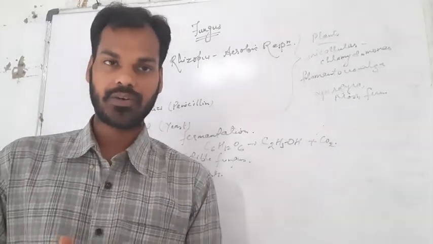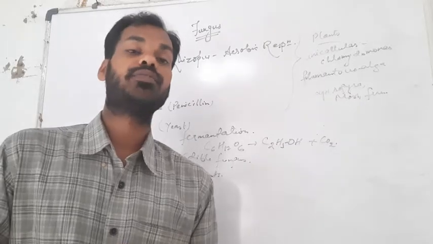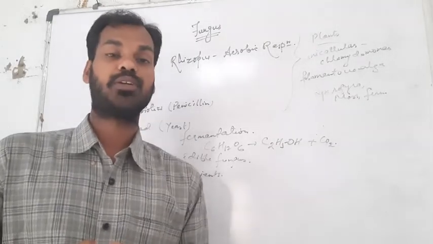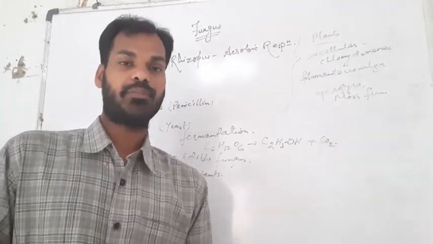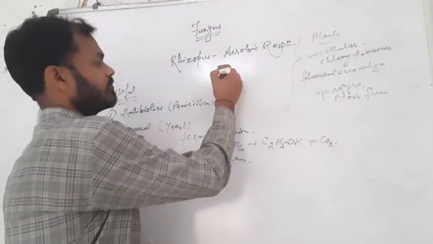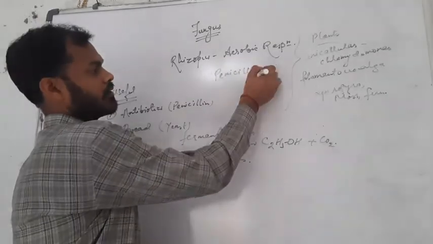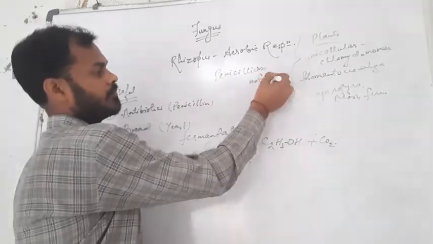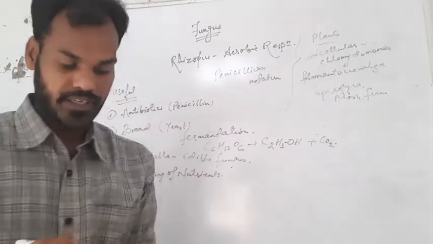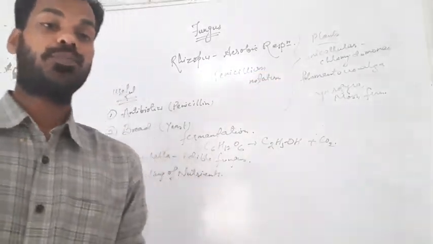Alexander Fleming discovered it, and the name of the fungus is Penicillium notatum. It is the fungus from which penicillin is obtained.